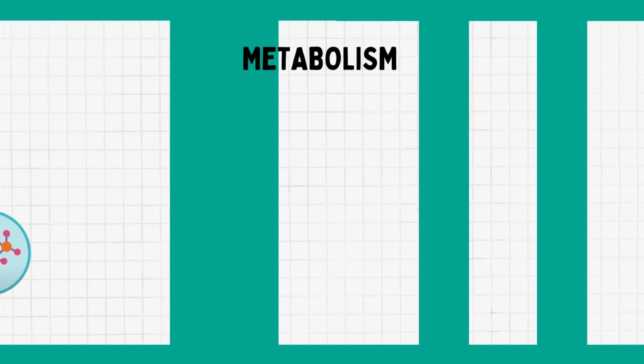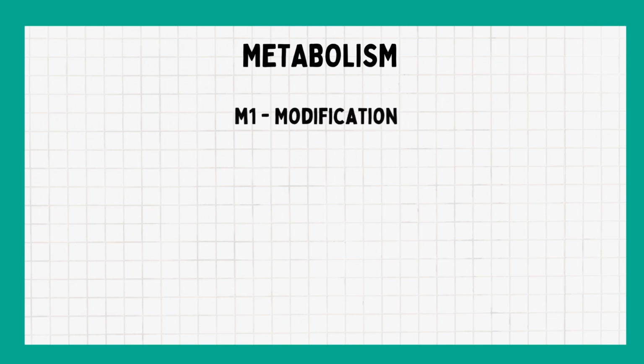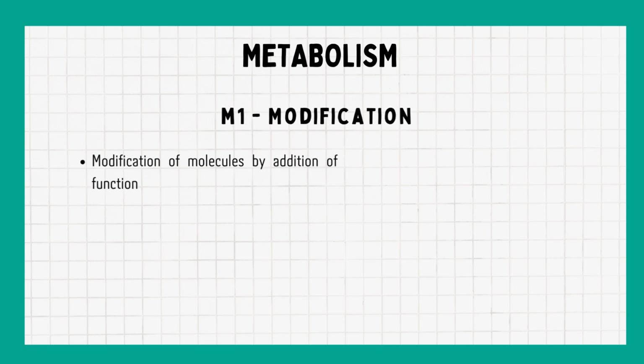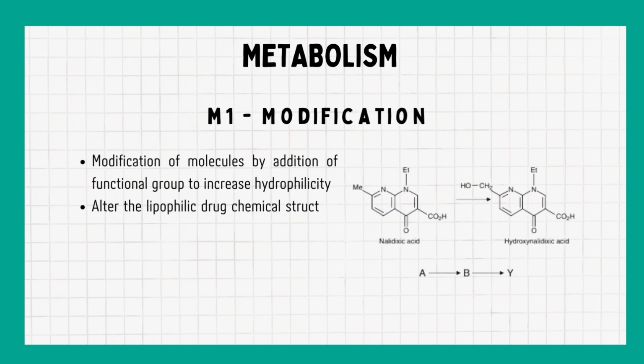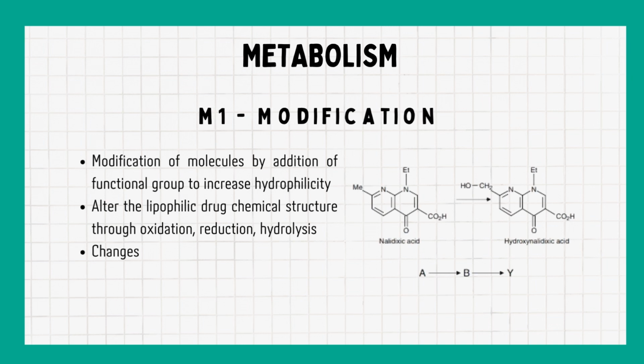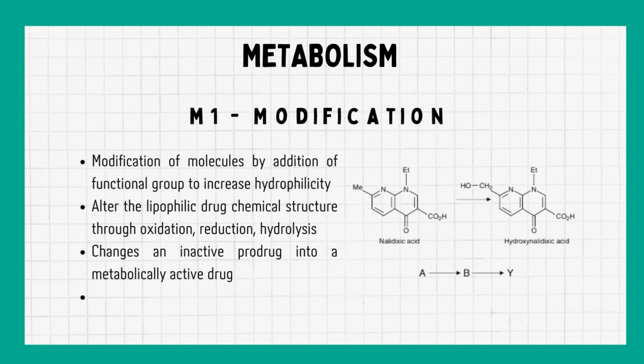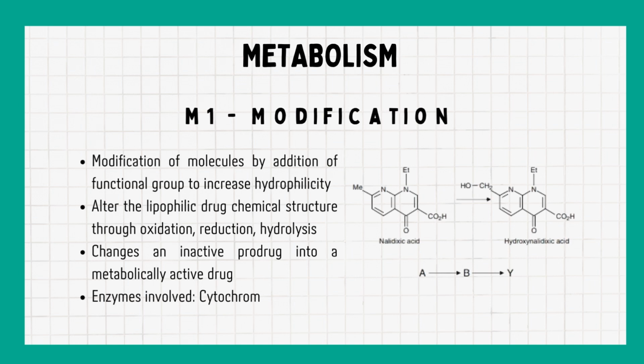During the first step of metabolism, molecules are modified, involving formation of a new or modified functional group or cleavage, through processes such as oxidation, reduction, and hydrolysis. These reactions are non-synthetic and can change an inactive product into a metabolically active drug.